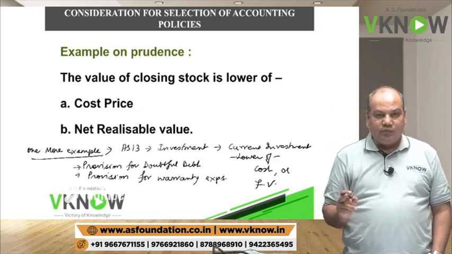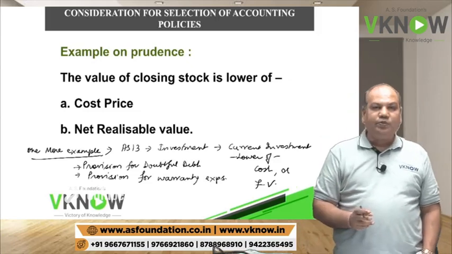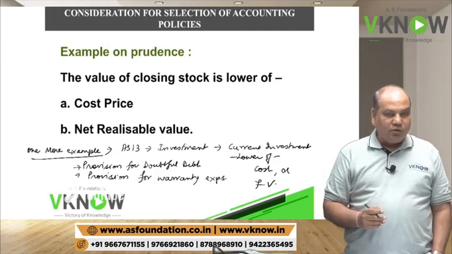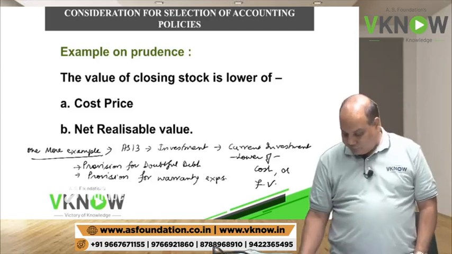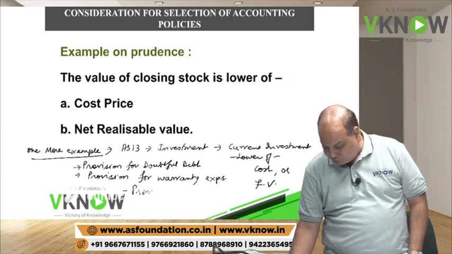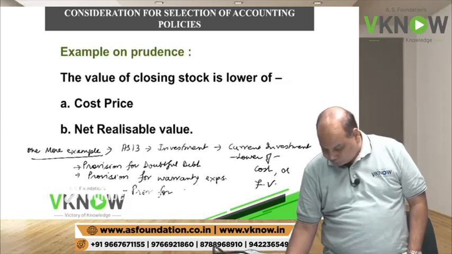We are providing for warranty expense because we may have to incur some related expenditure. So this is an example of prudence. Provision for gratuity.